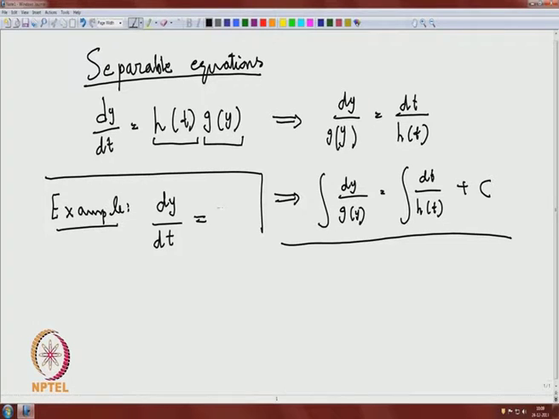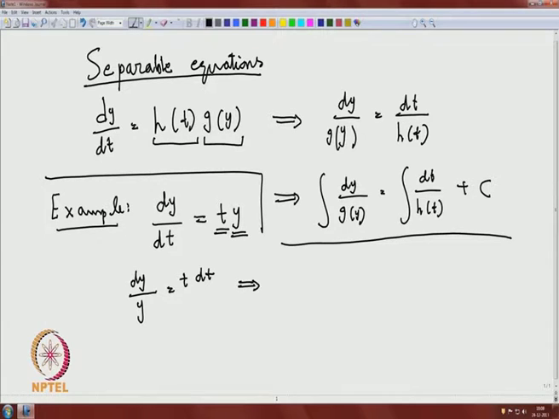So, look at the easier equation dy/dt is equal to t y, which you have already seen. This can be solved immediately. This is in the separable form. Here h(t) is equal to t, g(y) is equal to y. So, dy/y is equal to t dt.